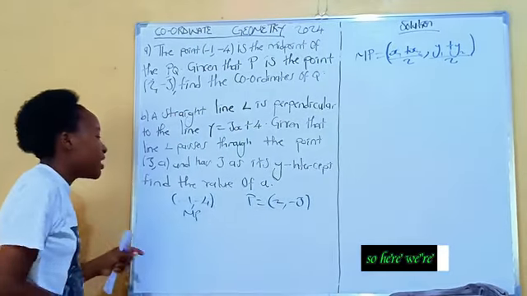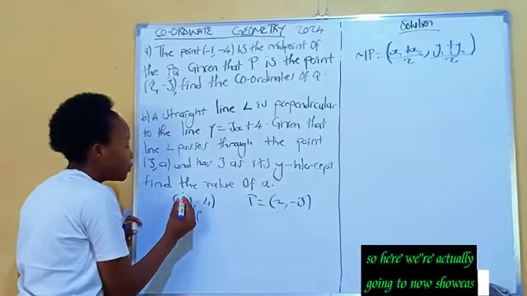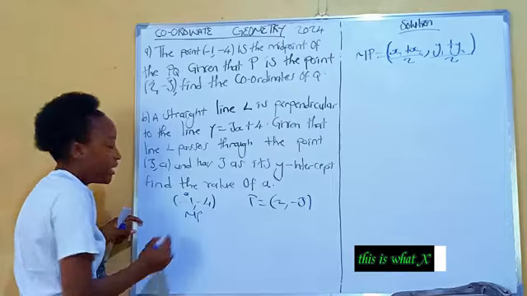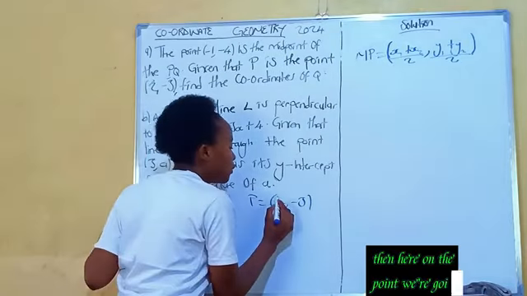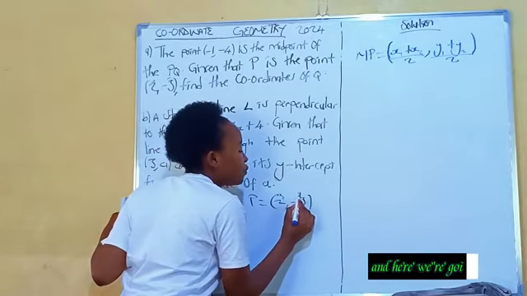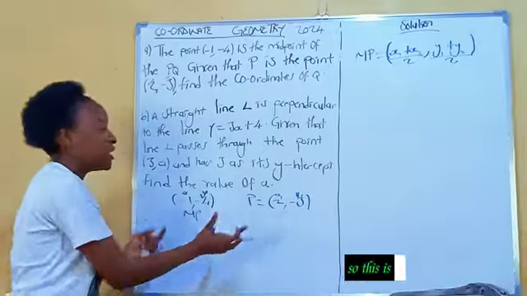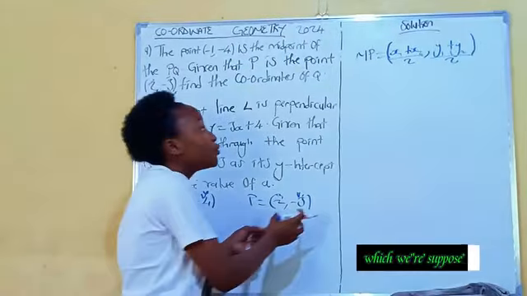Here this is X and here this is Y. Then on the point we're going to have x1 and here we're going to have y1. So this is the information that is supposed to fit in here.